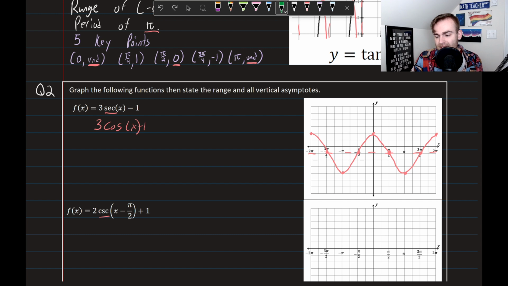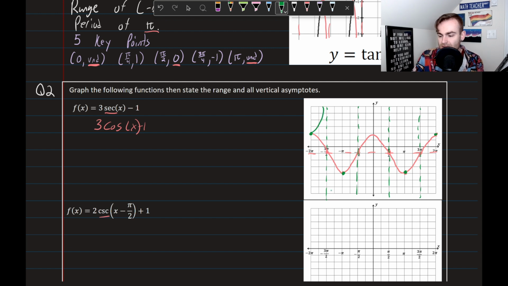And how we can do that is everywhere it crosses the middle, where this negative 1 brought us down. So every time it's negative 1, we're going to draw vertical asymptotes, because that is where we would divide by 0. Then we know it shares the maxes and mins of the cosine function.